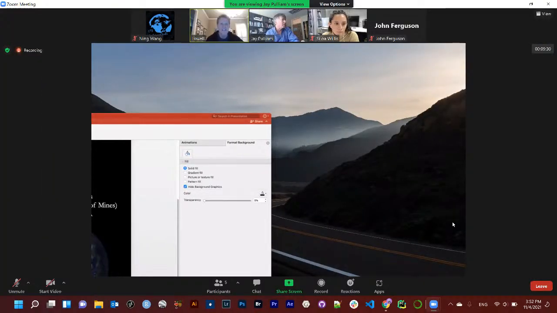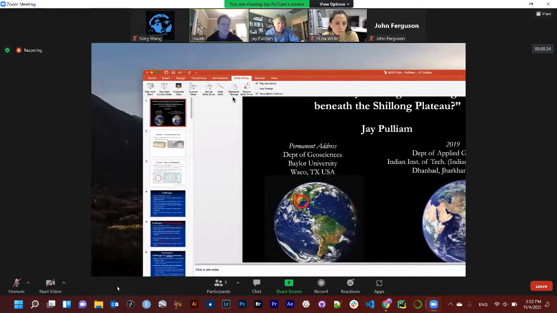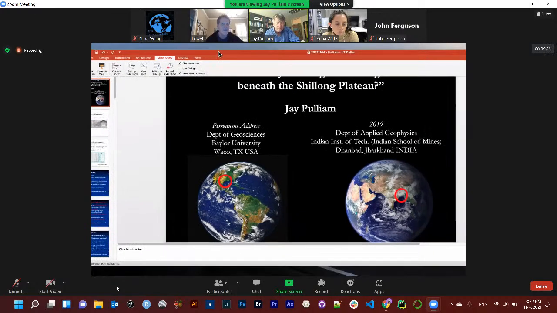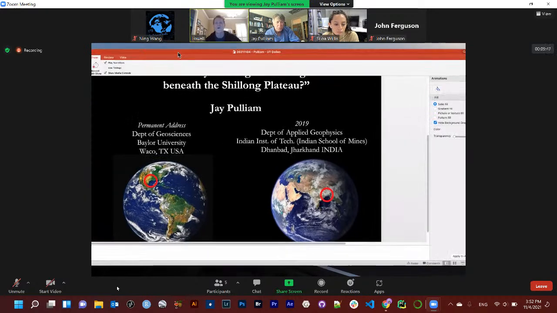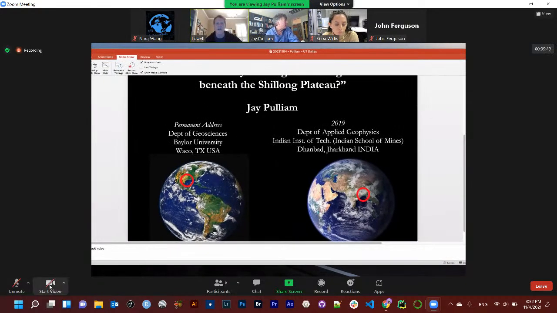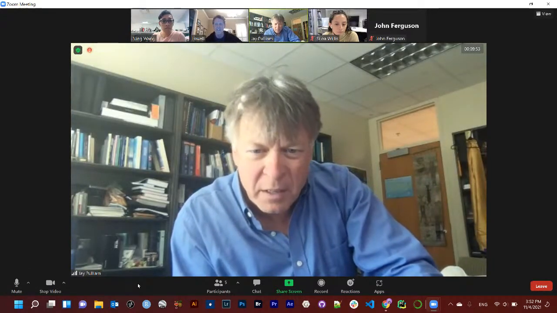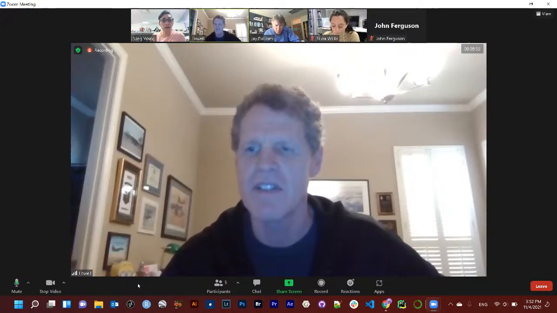Can you move your slide over? Yeah, there we go. See, you've got it on presenter view, I think. But shouldn't I just see the other screen? I have two screens, so shouldn't I choose the other screen? Can you swap screens maybe? Well, I tried that earlier today too, and it didn't work.